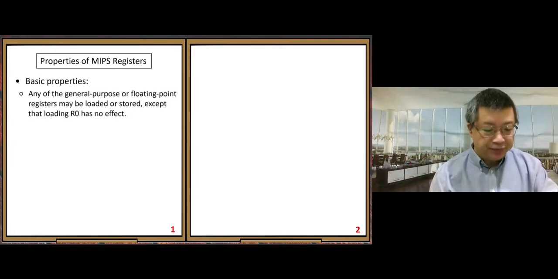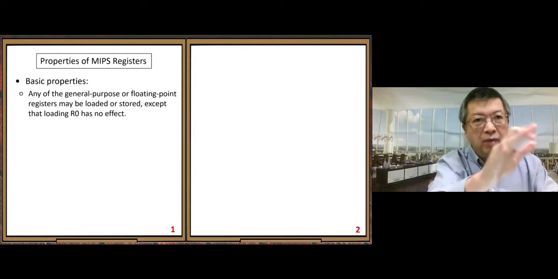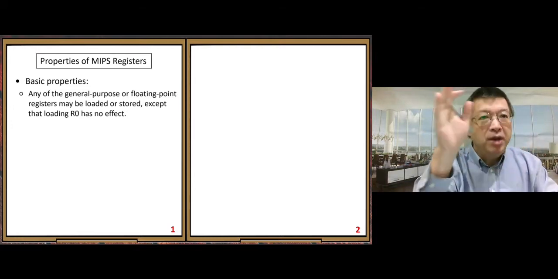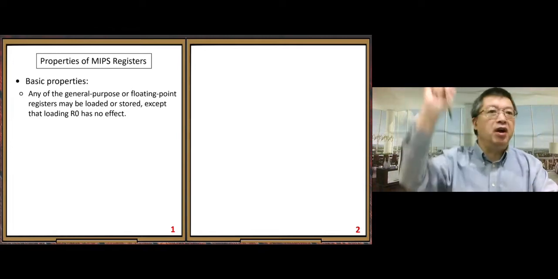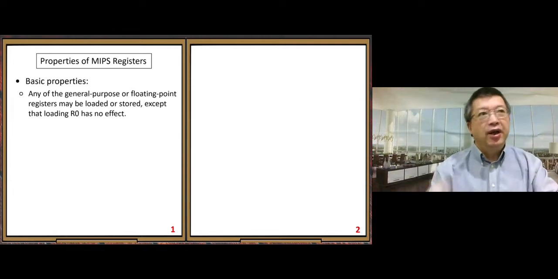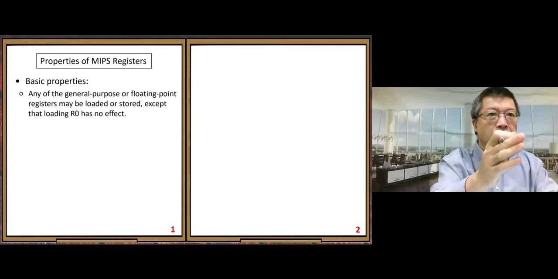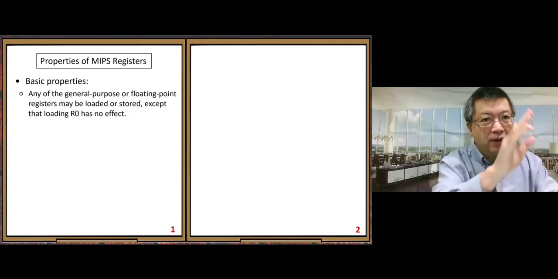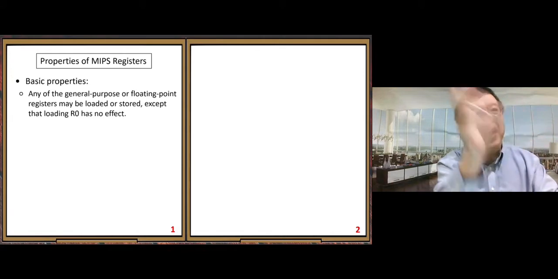Basic properties. First, any of the general purpose or floating point registers, GPRs, FPRs, two types, 32 plus 32, may be loaded or stored except that loading R0 has no effect.